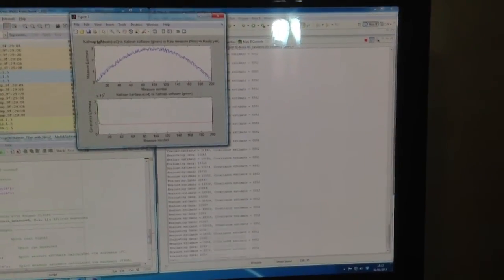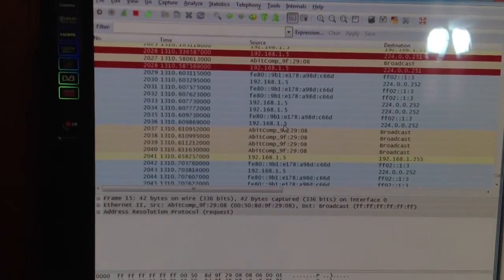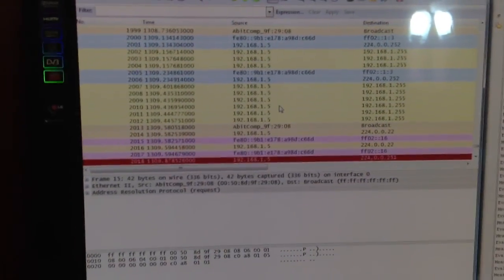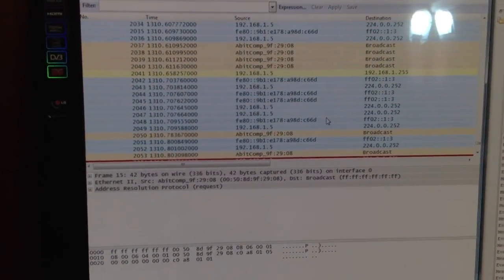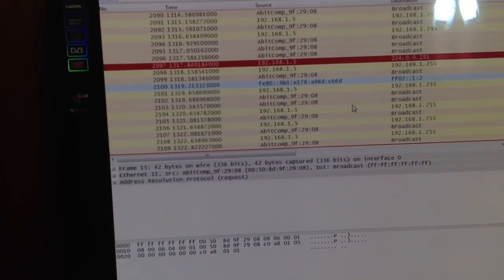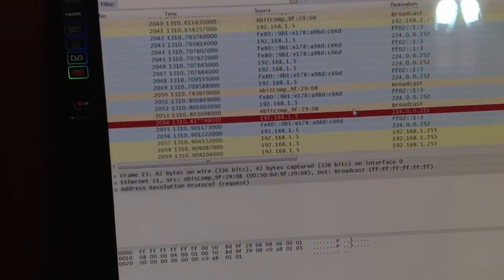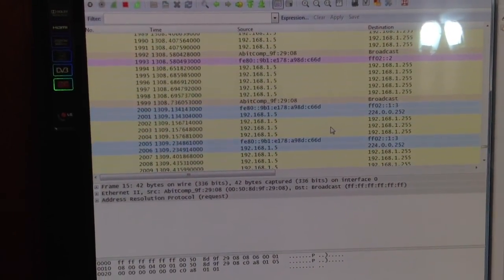Okay, it's evaluating. Okay, at this point we see that two UDP packets are passed through. Let's see where they are.